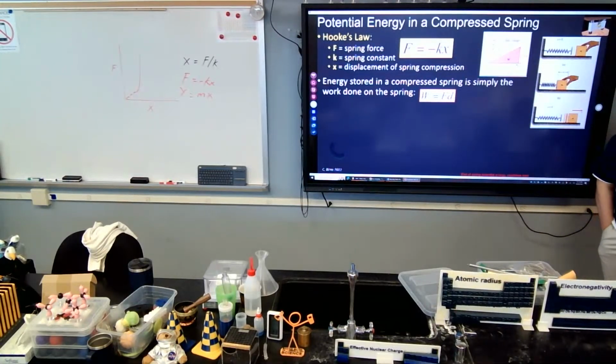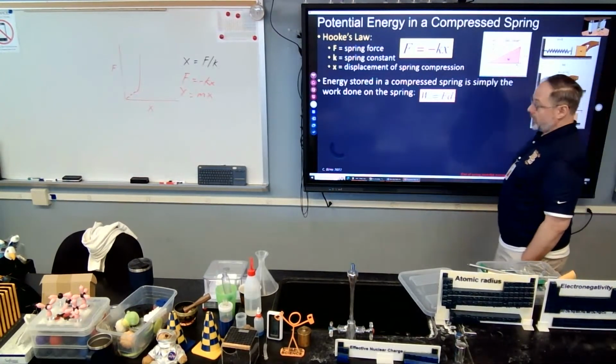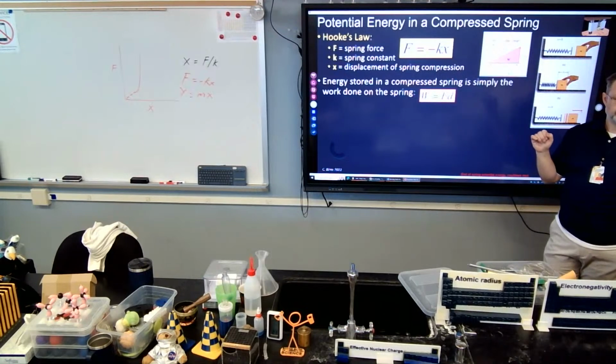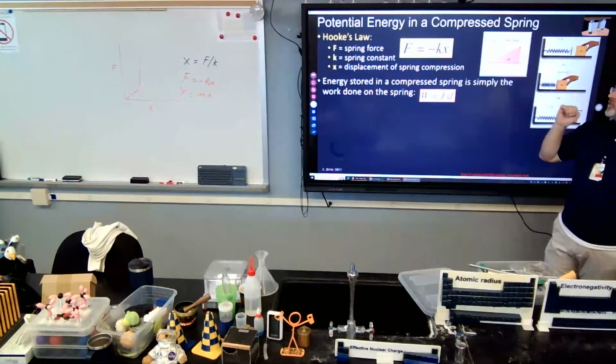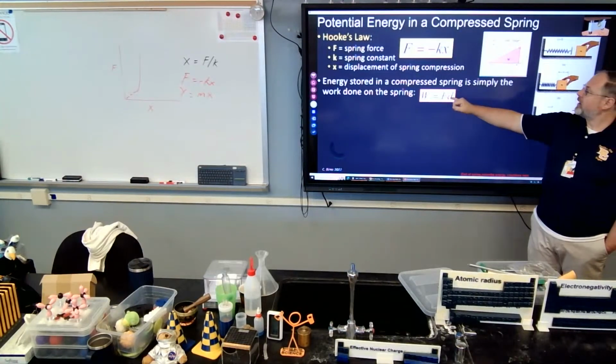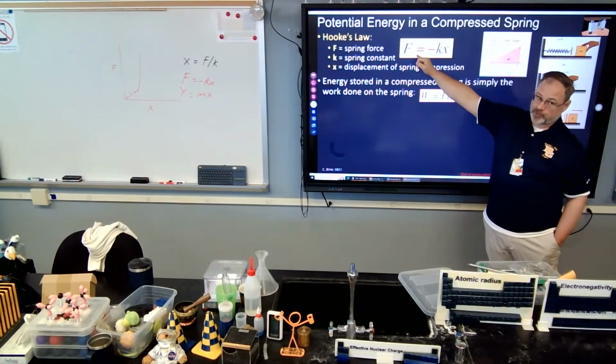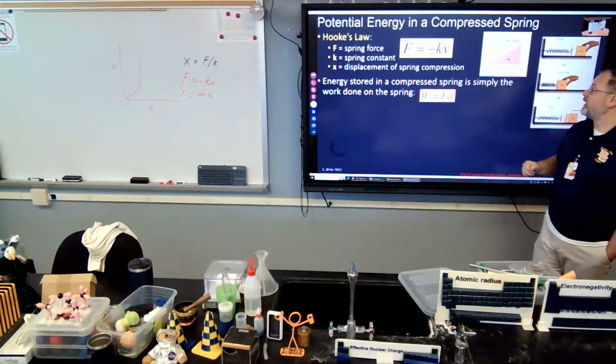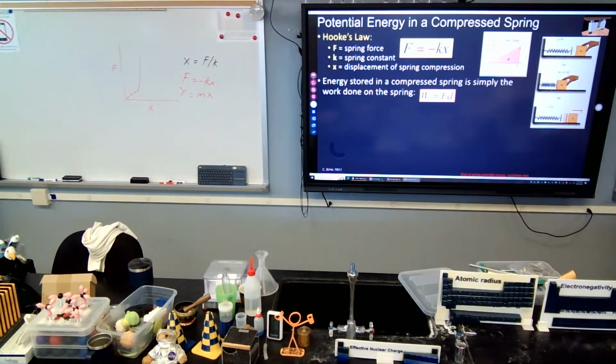All right, so if you remember, the work done that increases potential energy is force times distance. If I'm storing energy in a spring, I take that force, which is given through Hooke's law, and the distance over which it is extended, and I get the formula work equals negative kx times d, because this is F right here.